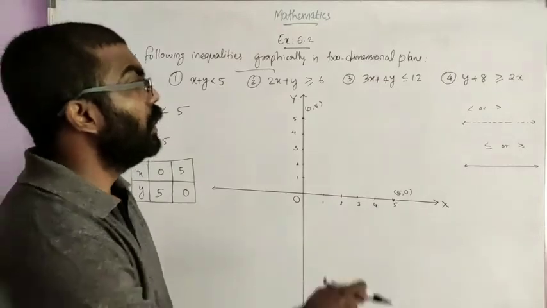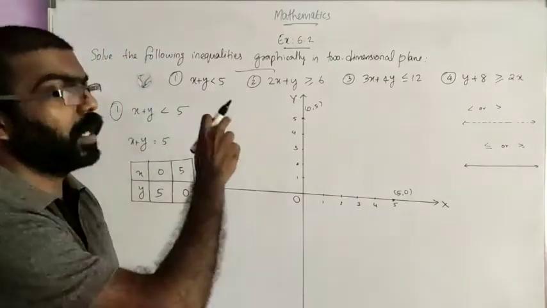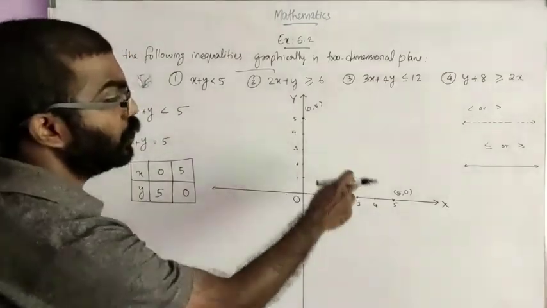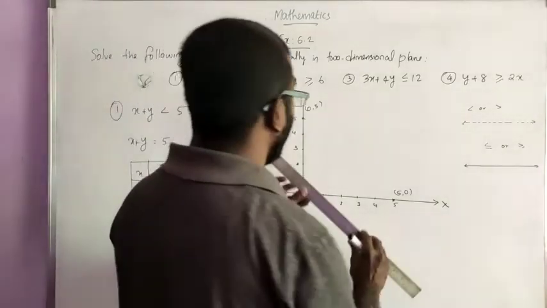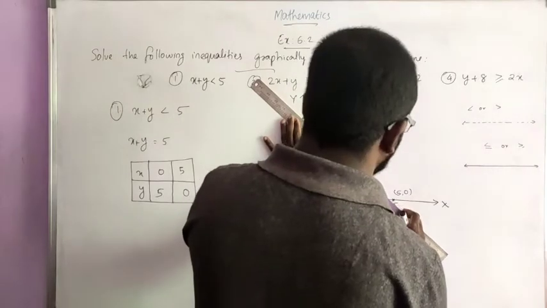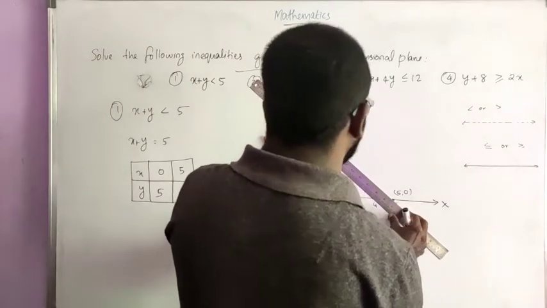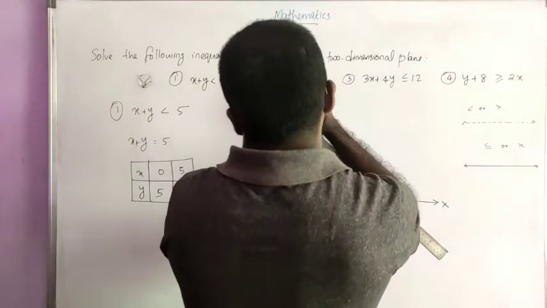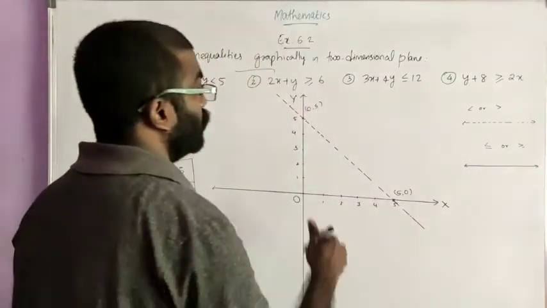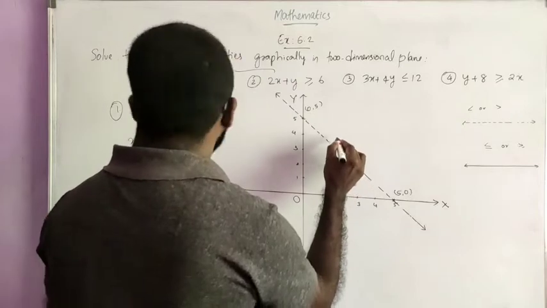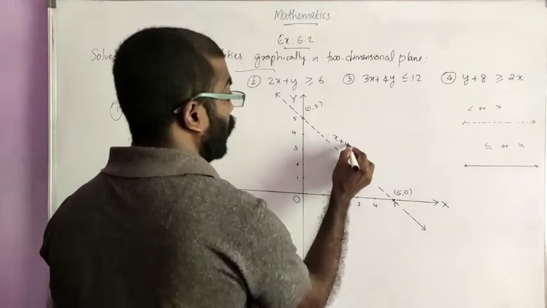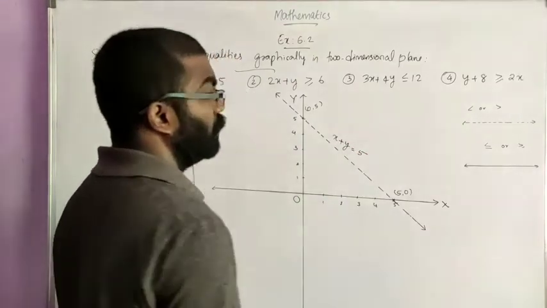So here it is less than, so we have to join these 2 points using a broken line or dotted line. So here I am going to join these 2 points using a dotted line. So here we can write x plus y is equal to 5.